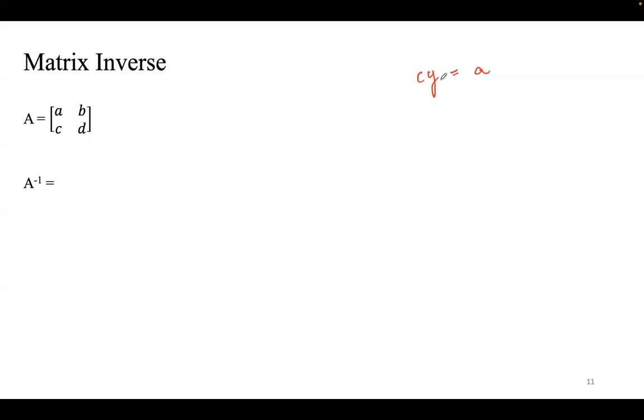Now what if I want to find out the value of c? What I'm going to do is I need to take this y below, right? So basically what I'm doing is I'm doing 1 by y into a. So for normal numbers, let's say y is 5, once it goes on the opposite side, it becomes 1 by y, 1 by 5, right?